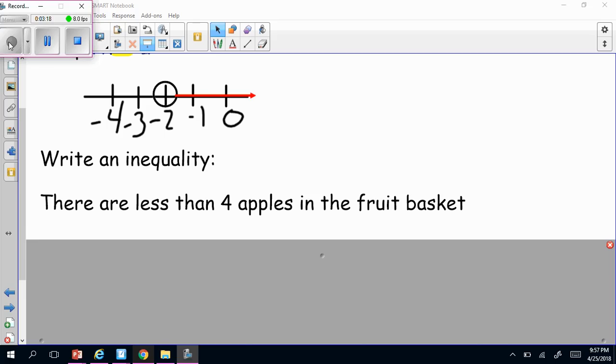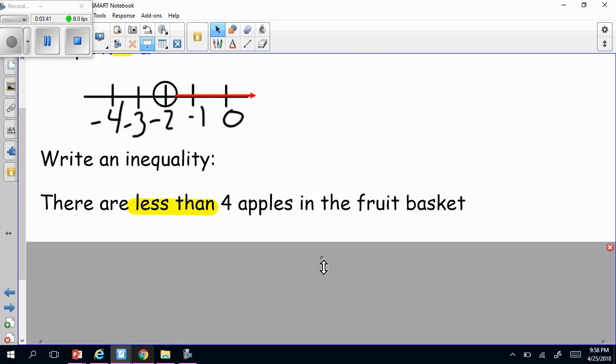Next, what would help is if you highlight what they're asking for here, if you are confused. So if we look at our vocabulary words before, less than is our key word here. Now, if we have less than, what sign would that be?